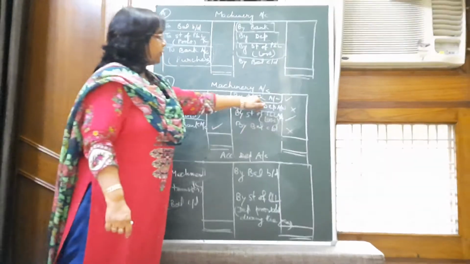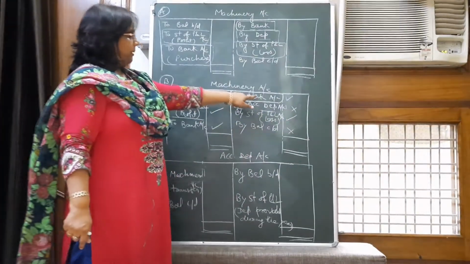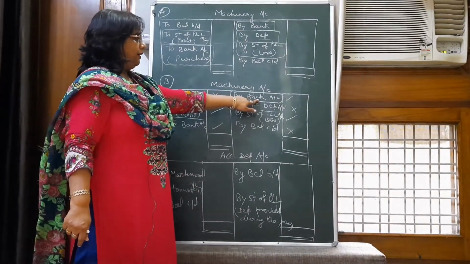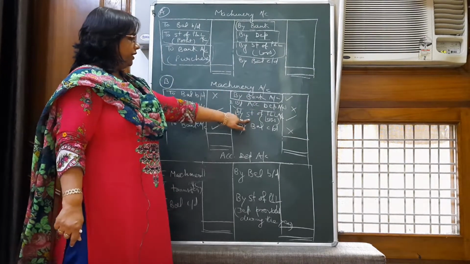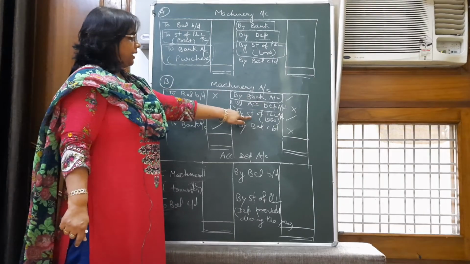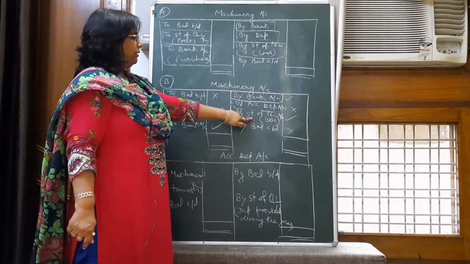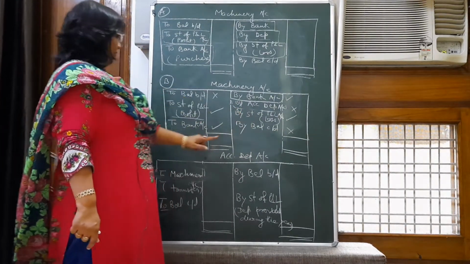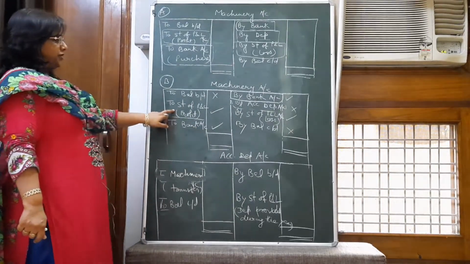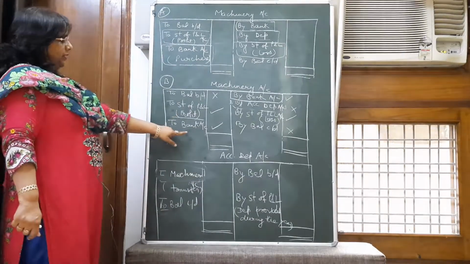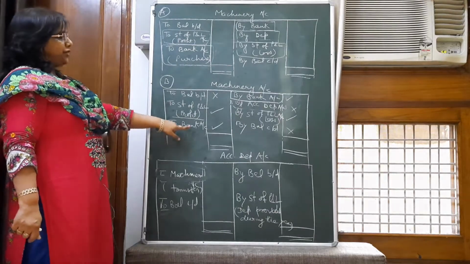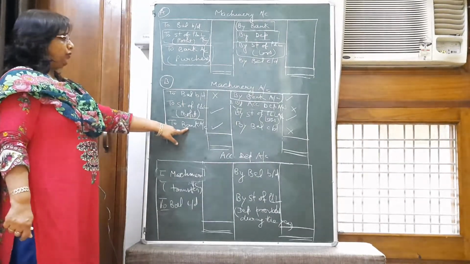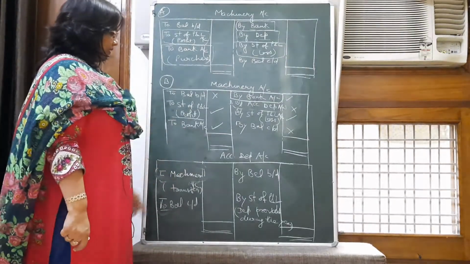So we will be putting these four items: bank account, sale as an inflow in investing activity; loss on sale of machinery added back to calculate operating profit; profit on sale of machinery will be subtracted; and purchase of machinery will be shown as an outflow in investing activity.